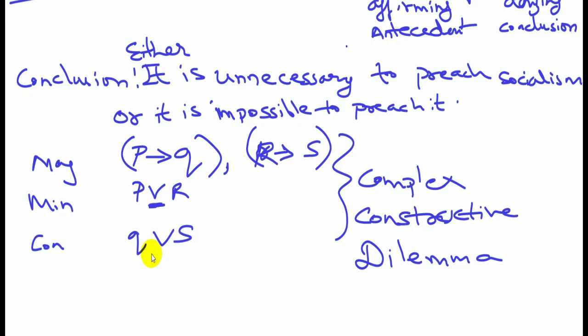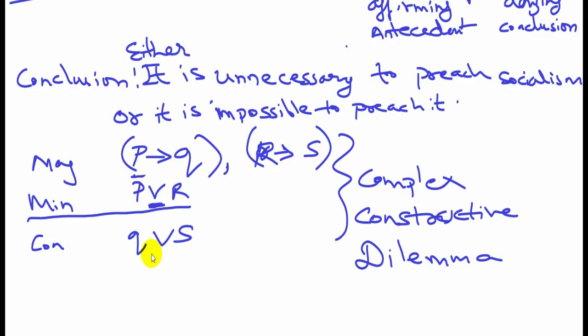So, a complex constructive dilemma is one in which the minor premise affirms the antecedent, P or R, and the antecedents as well as the consequents in the major premise are separate propositions.